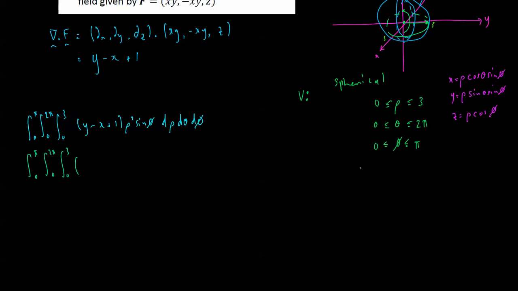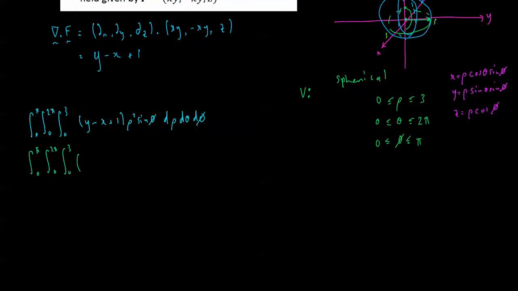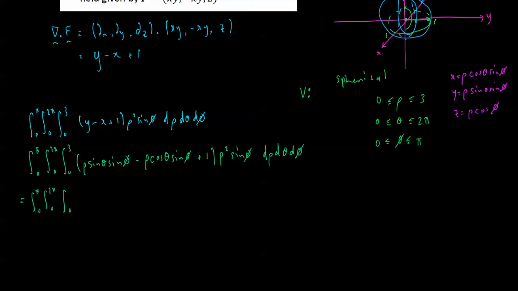So y minus x plus 1, times rho squared sine phi, d rho d theta d phi, from 0 to pi, 0 to 2 pi, 0 to 3.